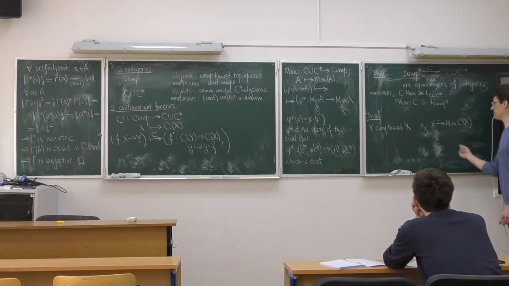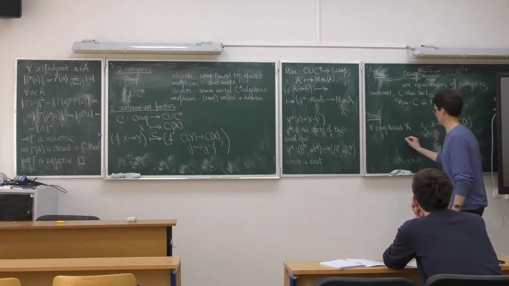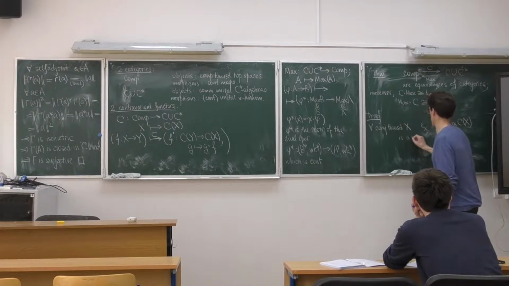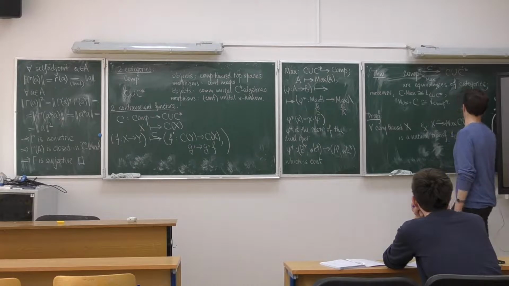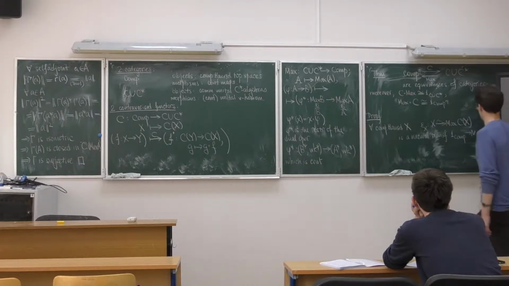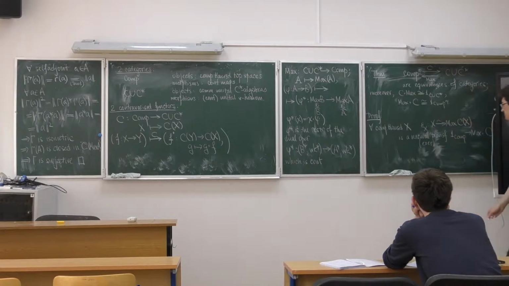And so all these homeomorphisms give us a natural transformation from the identity functor on the category of compact spaces to max composed with C. This is a little exercise to show that this is indeed a natural transformation.